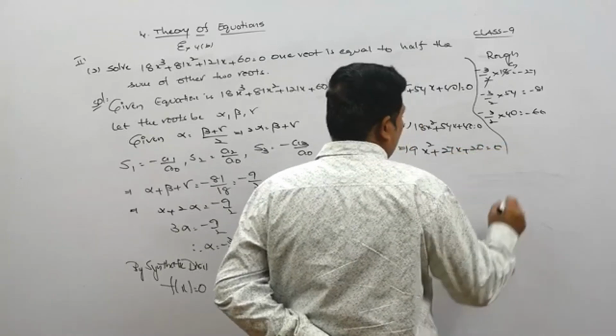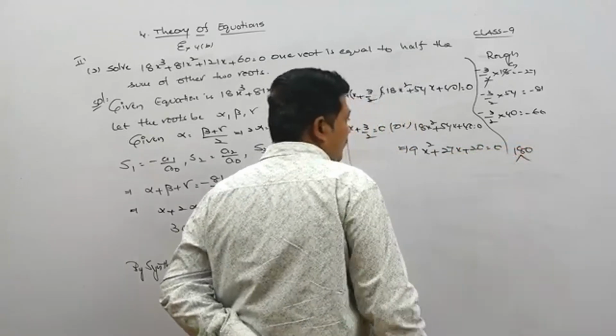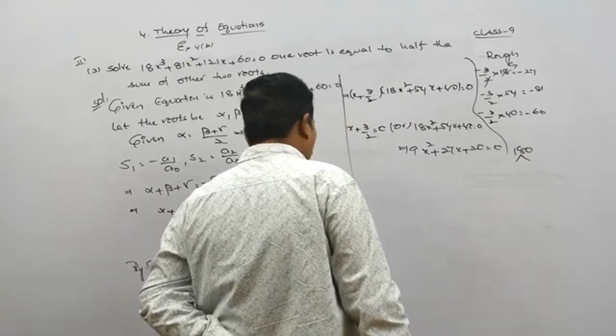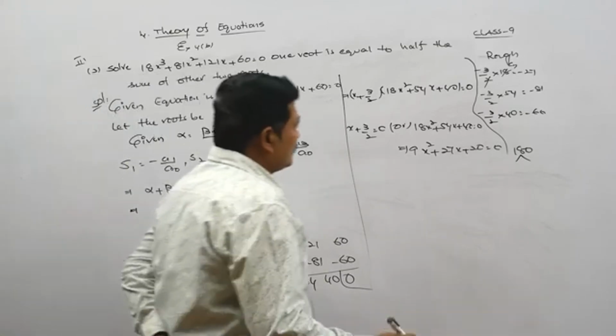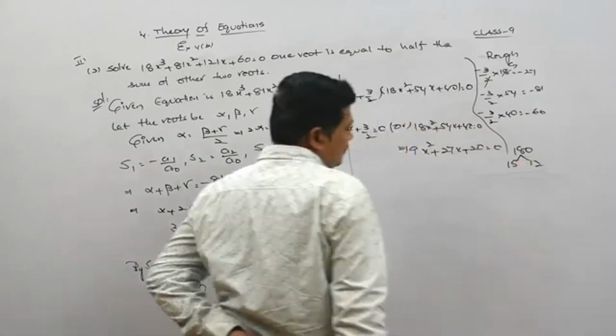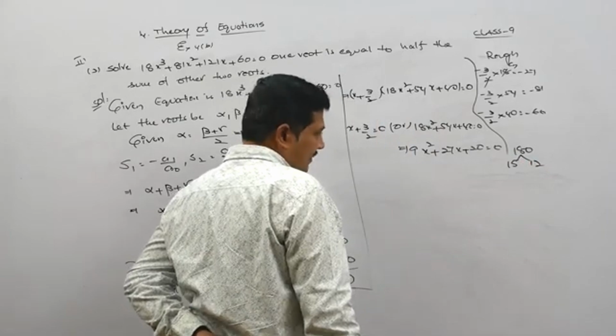So 20 into 9, so 180. 180 factors we can have 15 and 12, so 15 10s are 150, 15 2s are 30, so 180.